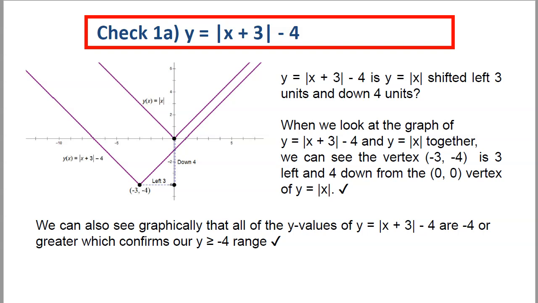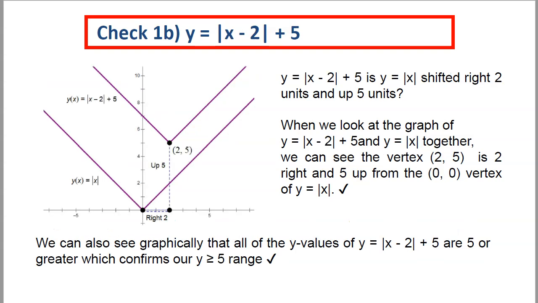And we can see our vertex compared to the point 0, 0. And we can also graphically see our range. When we graph y equals the absolute value of x minus 2 plus 5 along with the absolute value of x, we can see that we're shifted right and up, and we can see our range here on our function.